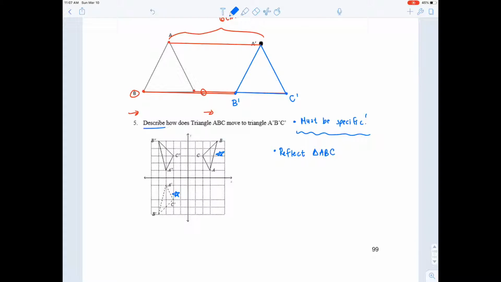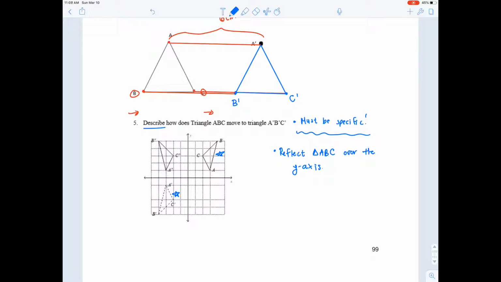You have to tell me, what am I reflecting? Don't just say reflect. Reflect triangle ABC, and I need my line of symmetry, or my line of reflection. What line is that? Well, that's over the y-axis. Okay, so now if I perform a reflection on ABC, I'm now at A prime, B prime, C prime. Okay.